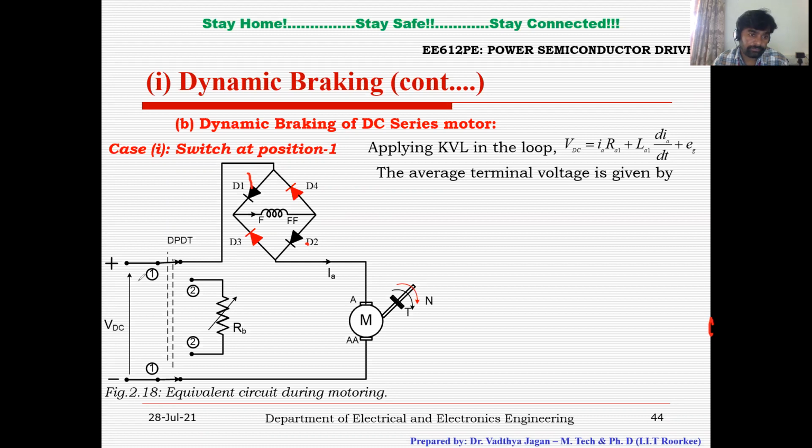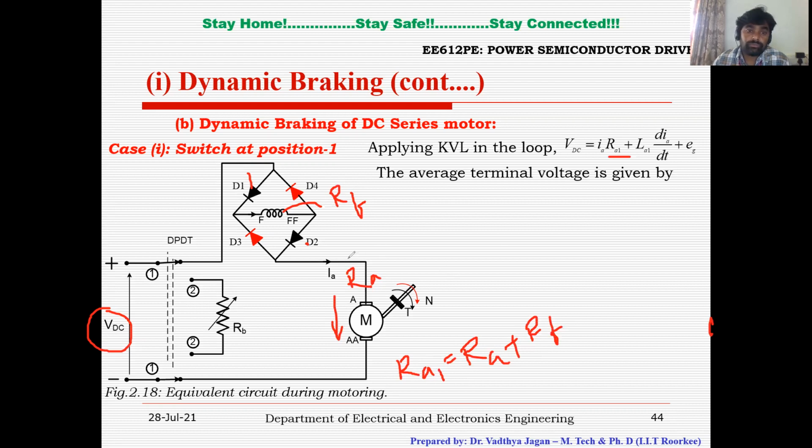If I apply KVL, the applied voltage is equal to the drop across the armature winding, which has some internal resistance RA, and the field winding, which has some internal resistance RF. So RA1 is the resistance offered by the armature winding as well as the field winding.